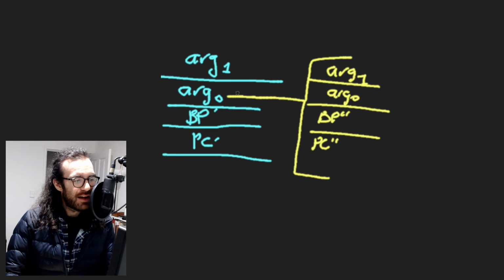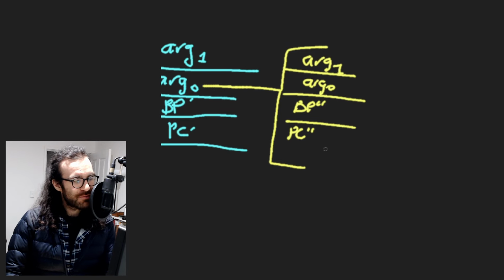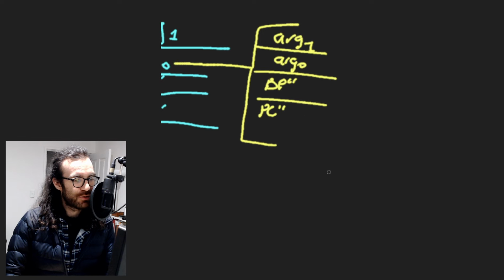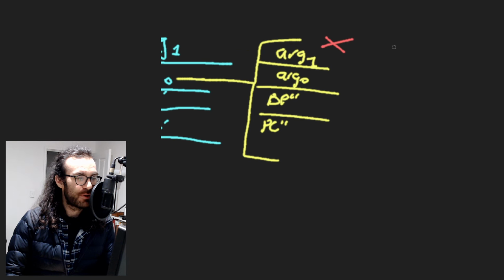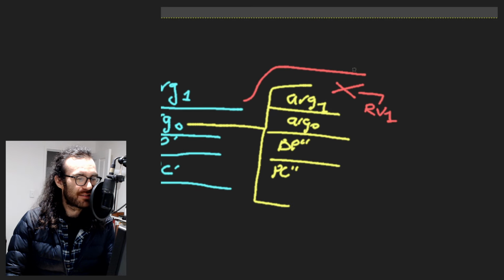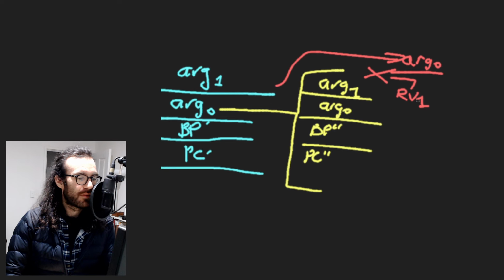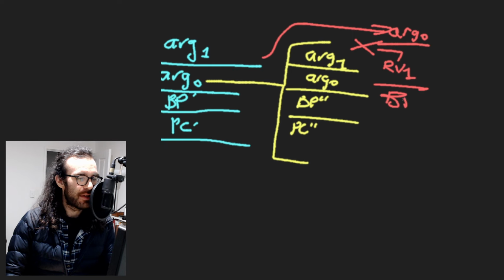Okay, so arg0 comes from the return value of the stack frame, right? So this returns, and the stack should jump back to here, right? And then we push from here arg1. We're saying that arg0 is already up here, and then we'll push bp and pc, right?